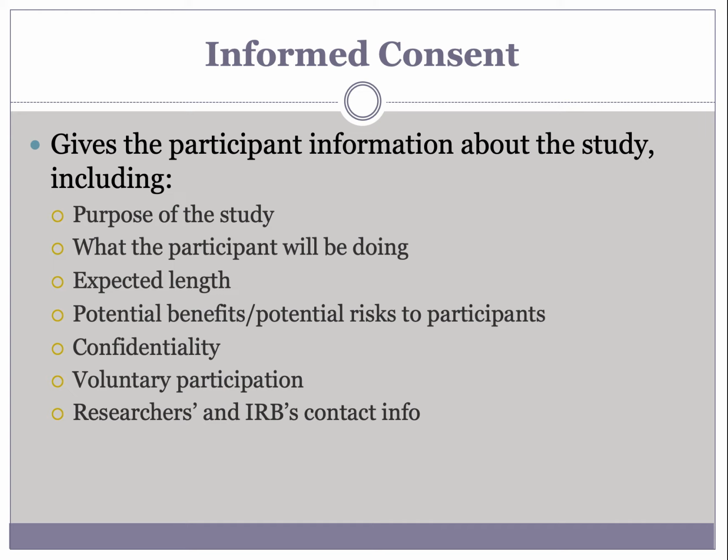So we want to sidestep that and make sure that we are respecting the autonomy of our participants by giving them the liberty to choose to participate or not based on the real facts of what the study entails.